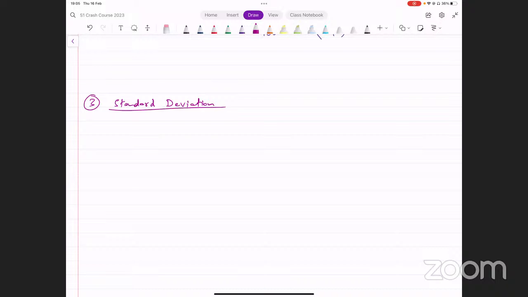Standard deviation is another measure that we use for finding dispersion in data, for finding variation in data.